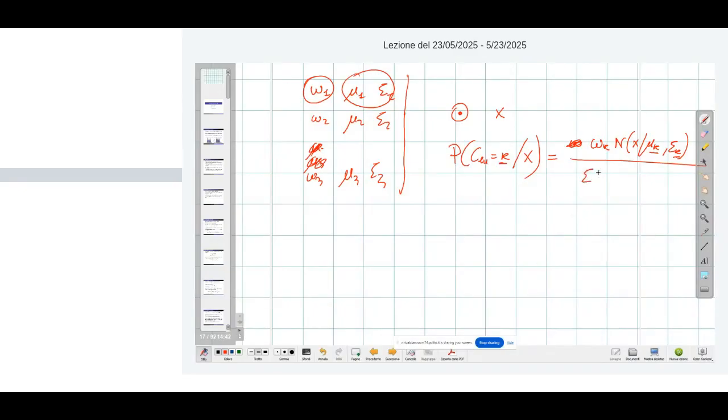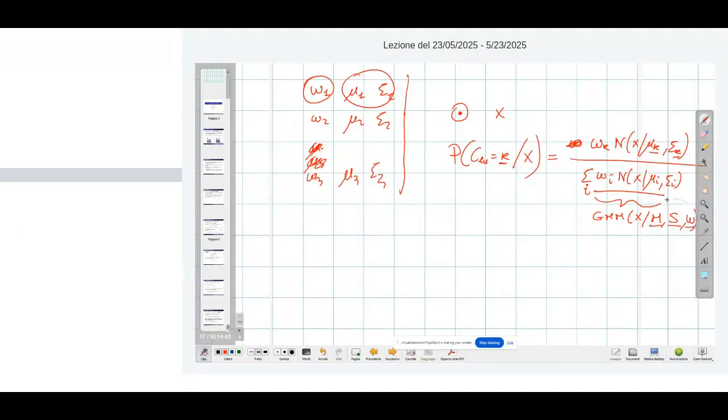The marginal is exactly the GMM density, the sum over all clusters of the joint cluster and feature probability. Density, not probability, but pass me the word probability. This is exactly the GMM density for sample X, given the set of means, covariance matrices, and weights.